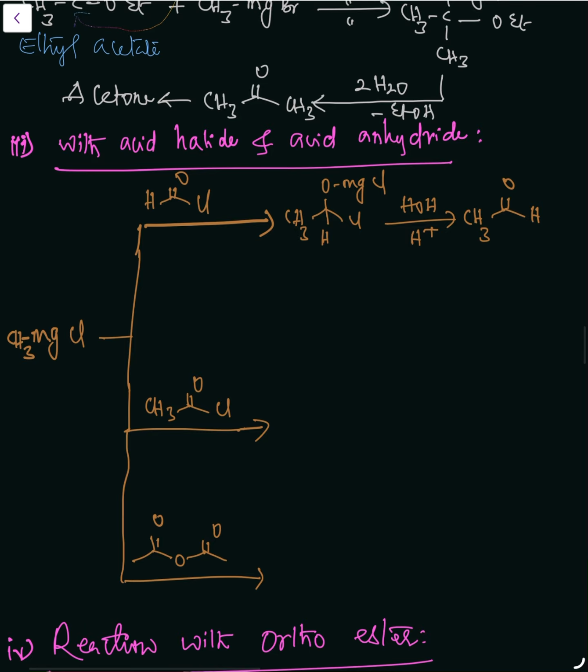Next, the Grignard reagent reacts with acid halides and acid anhydrides. So this is minus, plus.